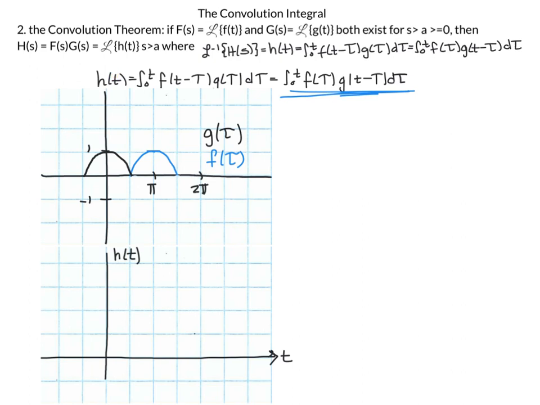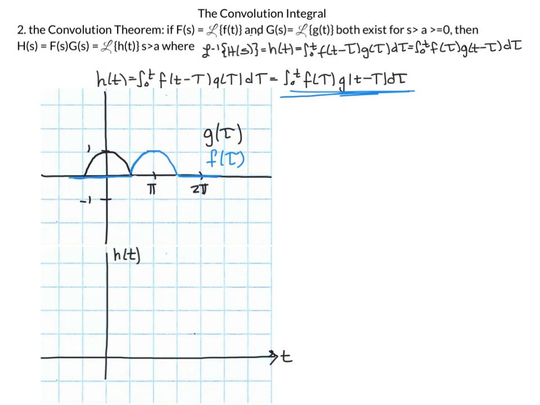So h of t is this integral here, and what you notice is, wherever f of tau, the blue function, and g of tau, the black function, and here t is equal to 0, so all we get is g of negative tau, which is this curve here. Wherever it is non-zero, we see that f of tau is actually 0, and I'll emphasize that by graphing the 0, the curve, and then the 0.